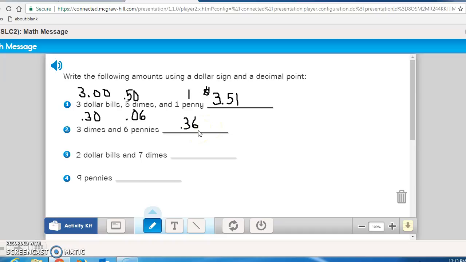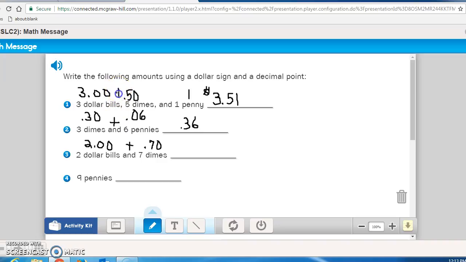$2 bills and 7 dimes, well, that would be $2, which we would write 2.00, and 7 dimes would be 70 cents, which is .70. When it says and, I should be adding. So notice every time here, that's what we did.